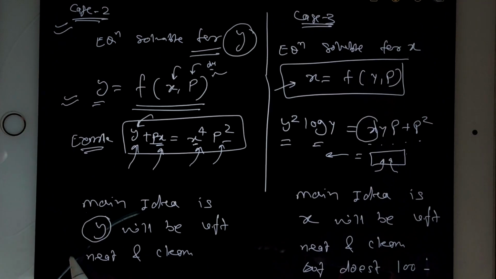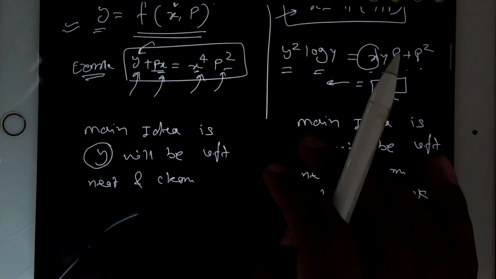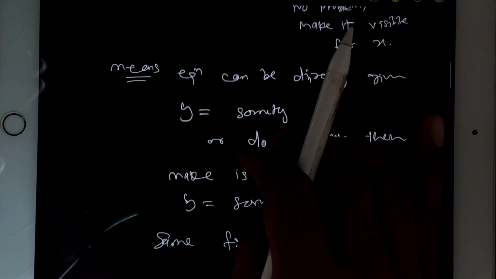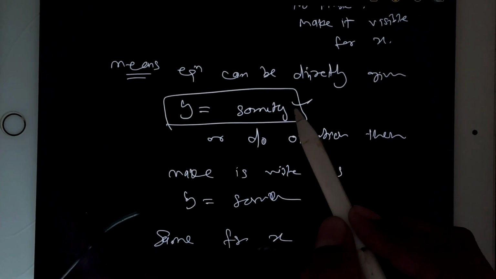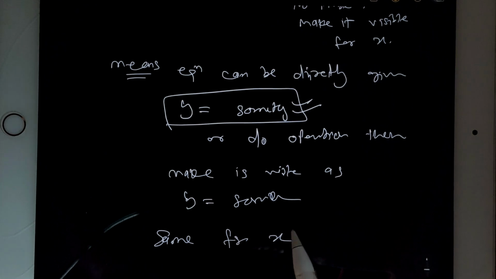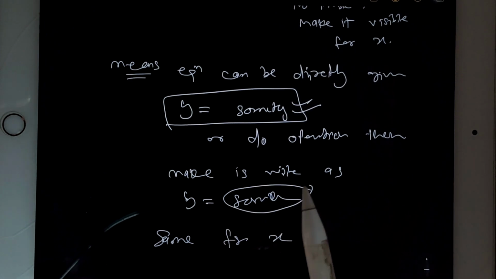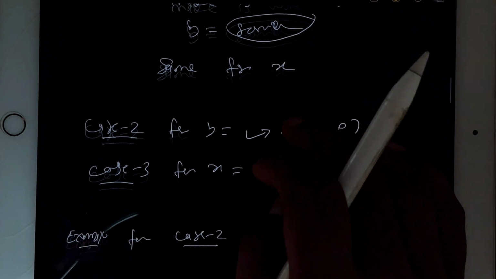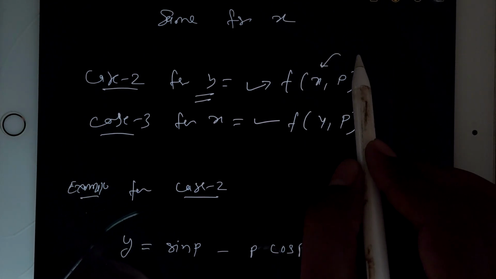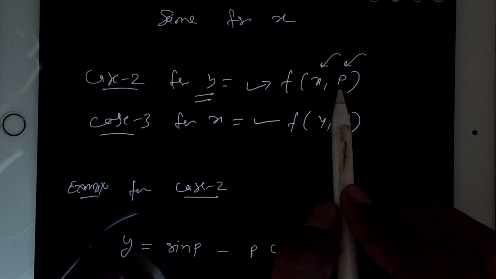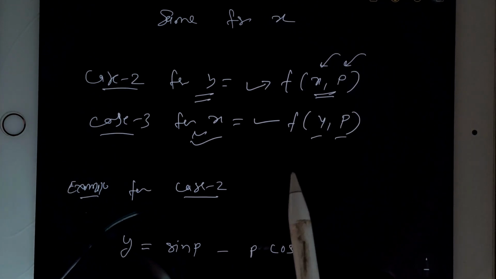You can find the y value. That's what I am saying, solvable for y. So that equation will become y is equal to something, or x is equal to something. Now with that something we have to do something, I'll tell you. When you write y is equal to something, it will look like either x and p both will come, or for x, y and p both will come.